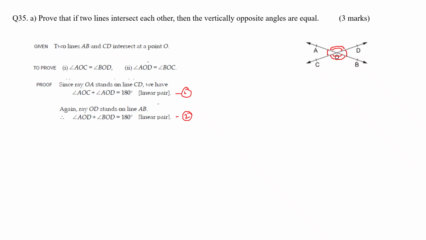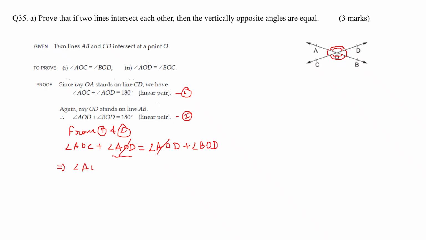Now see, from 1 and 2, I can write angle AOC plus angle AOD is equal to angle AOD plus angle BOD. Now this AOD, if I transpose to the other side, it will become minus AOD and get cancelled with this. So from here, angle AOC will be equal to angle BOD. This is my proof for the first part.